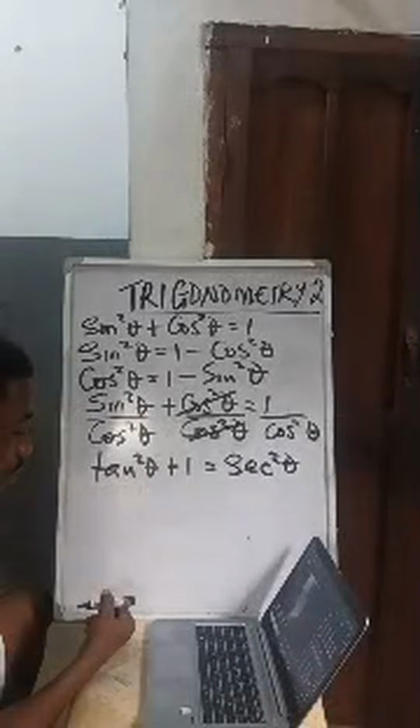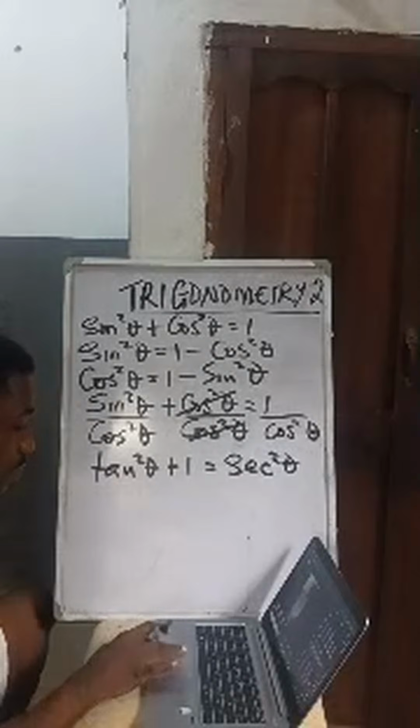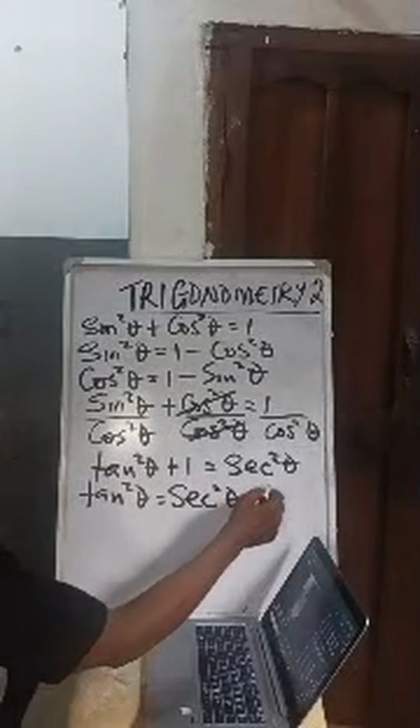Sine squared theta over cos squared theta is tan squared theta, plus 1 equal to 1 over cos squared, which is sec squared theta. So from here, we can also say that tan squared theta is equal to sec squared theta minus 1.